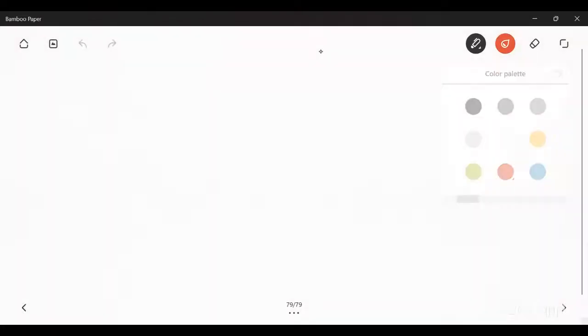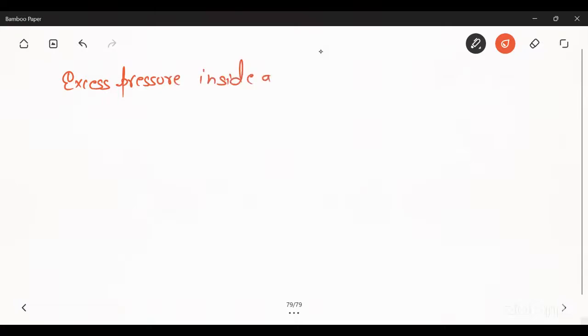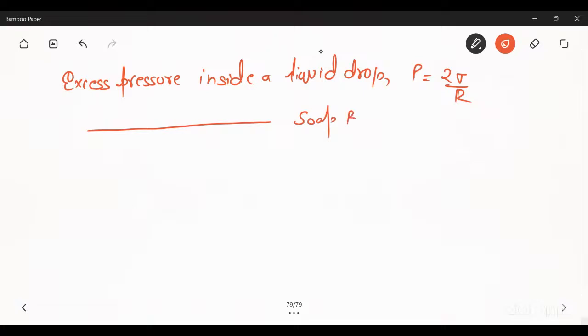Excess pressure inside a liquid drop will be 2 sigma upon r, and excess pressure inside a soap bubble will be 4 sigma upon r. That means two times that of a liquid drop. Okay.